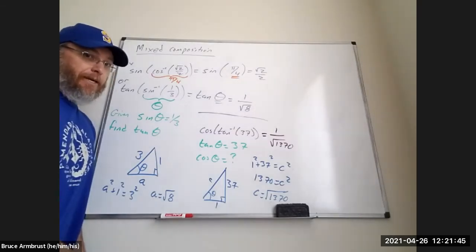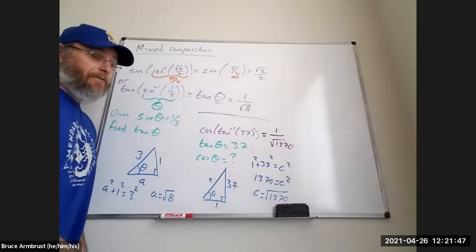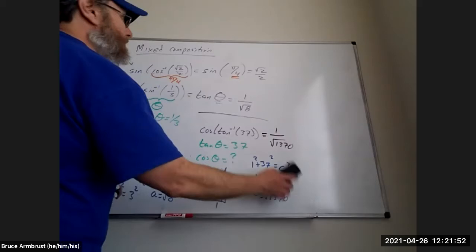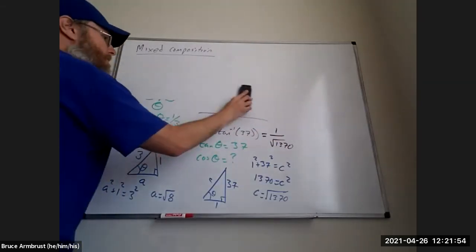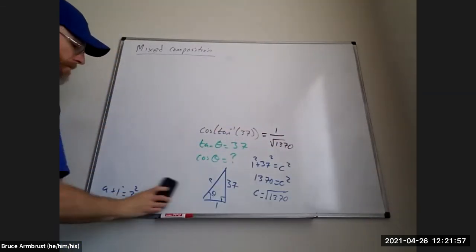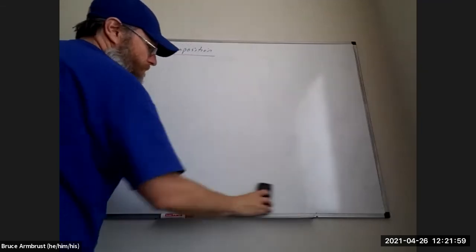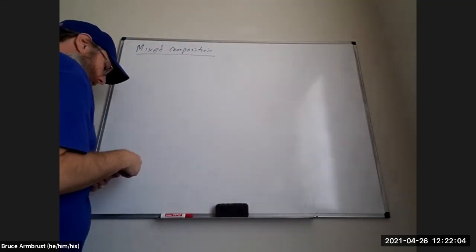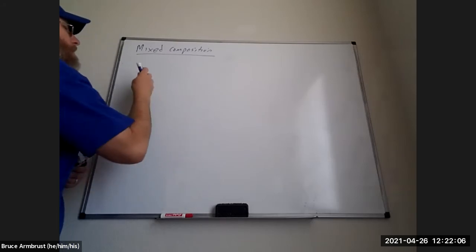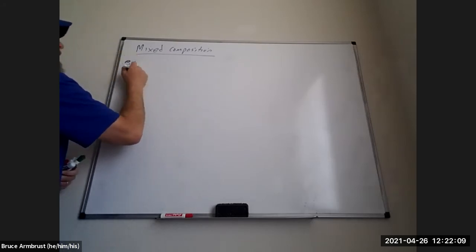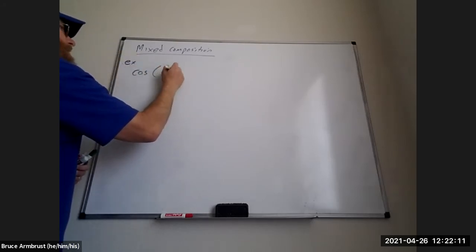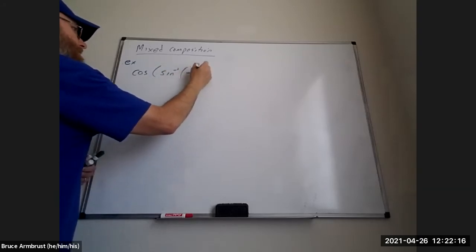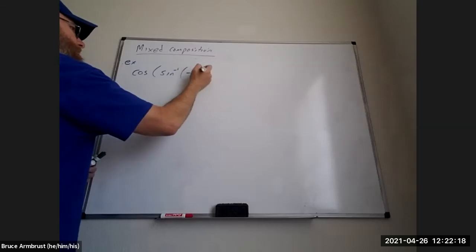Negatives are a different story. So let me show you what happens when we throw in a negative inside of one of these things. So let's just do, say, the cosine of the inverse sine of minus 2/5.